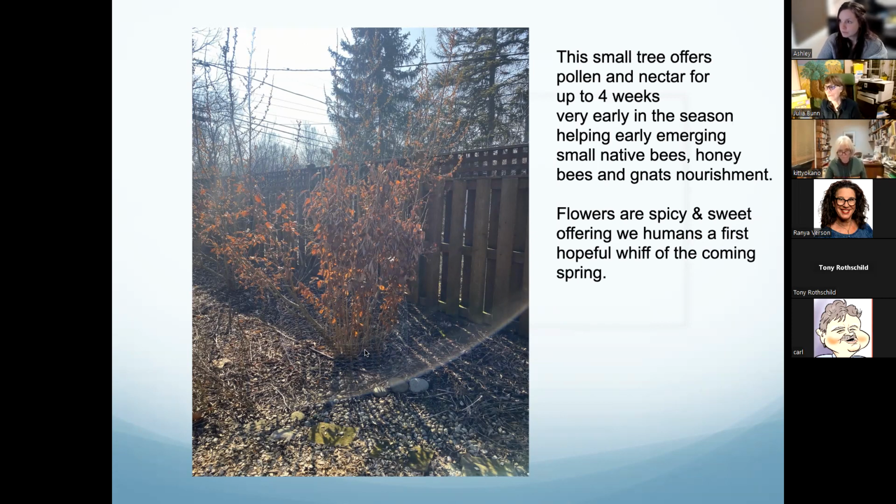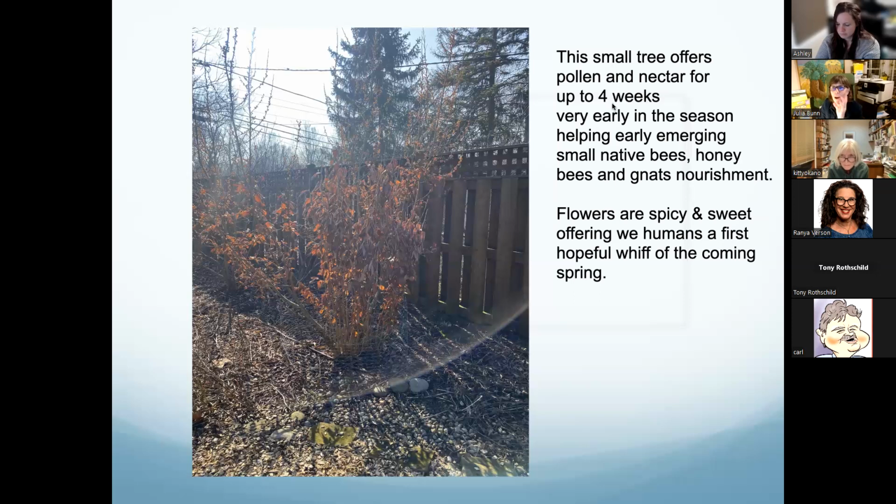So now we just rabbit caged this witch hazel in the winter to make sure that they don't eat the bark, because they were nibbling away at the bark, and they killed off a whole part of it. This was a perfectly formed shrub, but nature's like that, so you just work with it.